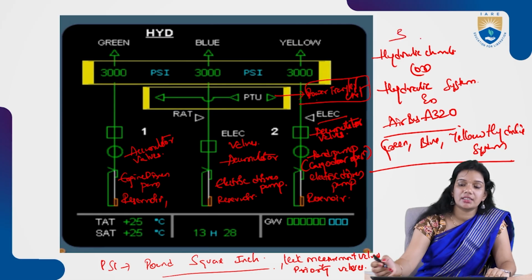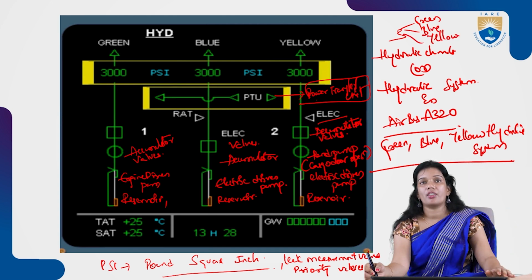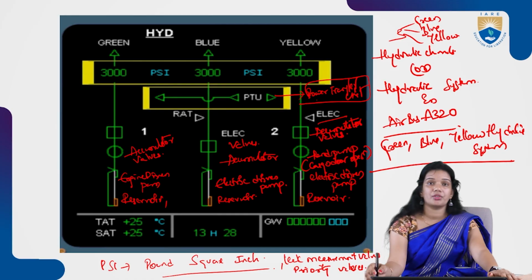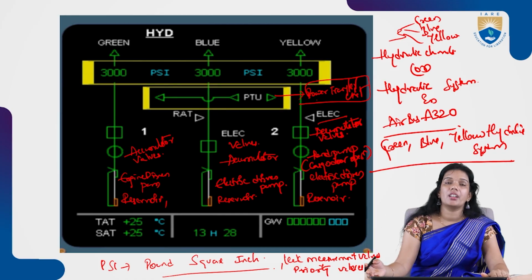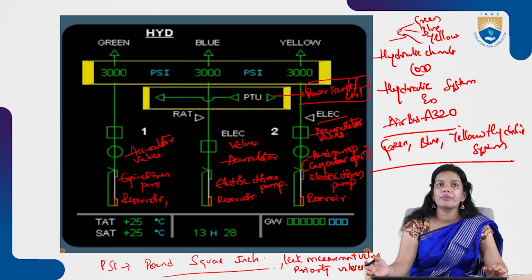So three hydraulic systems, which are green, blue and yellow, where you have reservoirs separately for each of the hydraulic systems, where you have accumulators, where you have different valves, meaning there is a leak measuring valve, a priority valve set, then fire check valves, right? And there's an accumulator to it.